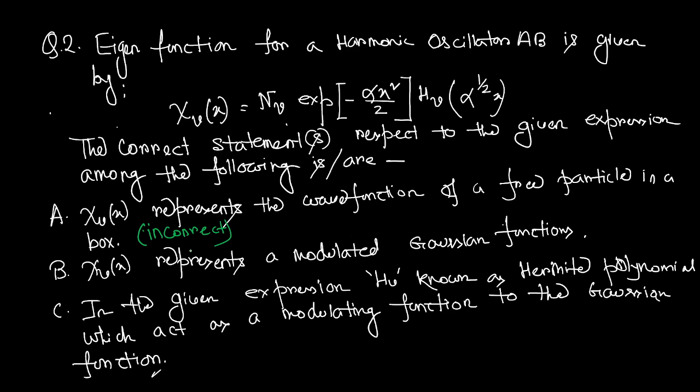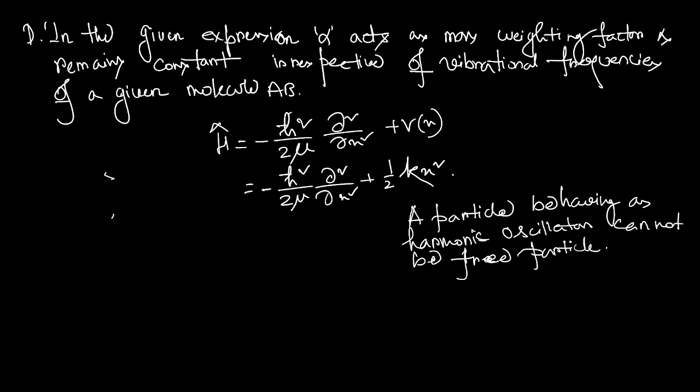Now, does chi v of x represent a modulated Gaussian wave function? There are different ways to solve this Hamiltonian.